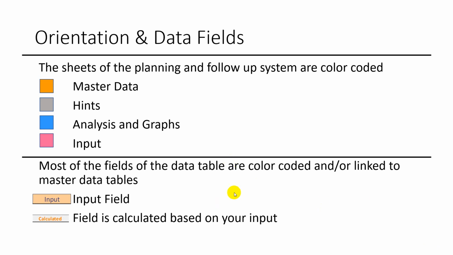For most of the input tables, you also have an indicator of whether you need to actually input data into a field or whether this is calculated. That is indicated by either the orange background or the gray background.